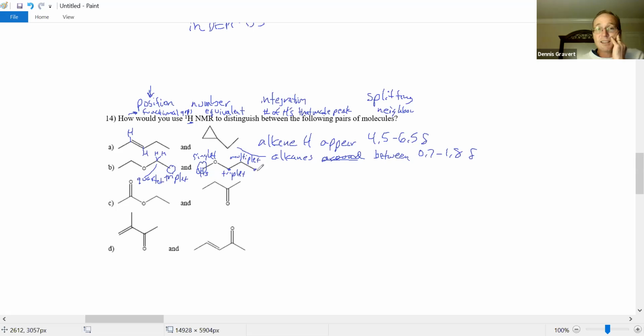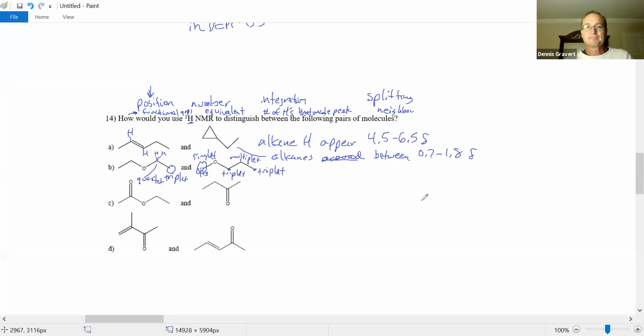And finally, these hydrogens have 2 neighbors. That's going to be a triplet again. Oh, and there you go. The quartet might be hard to tell apart from a multiplet, but you could look for it. But definitely the singlet is very different from a quartet and a triplet. That's the best way to tell these apart.